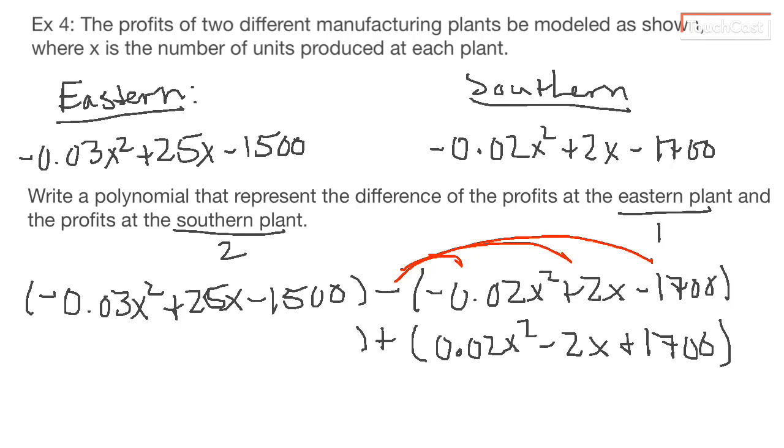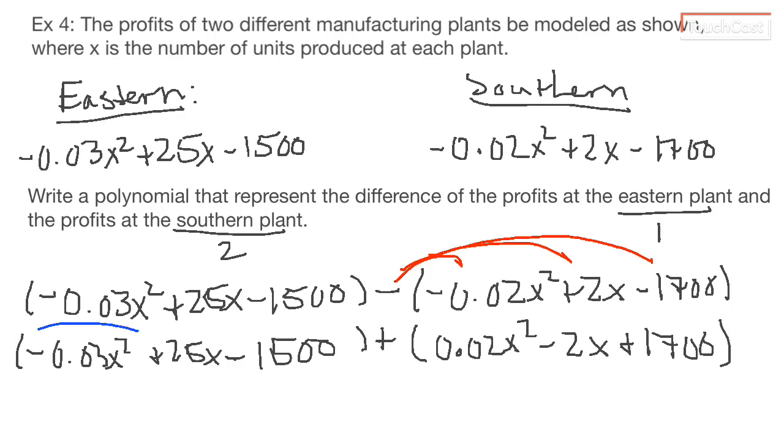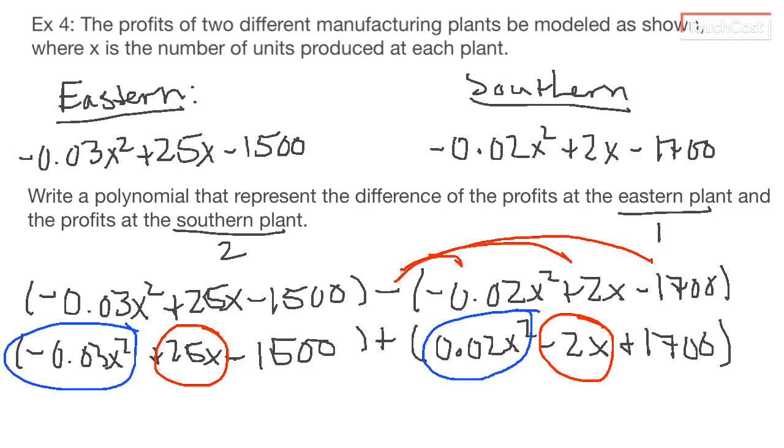And then we can just rewrite that first half. All right, now I'm going to circle my like terms. I've got x squareds here in blue. I've got my x, just x to the first terms, in red. And I've got my constants here in green.